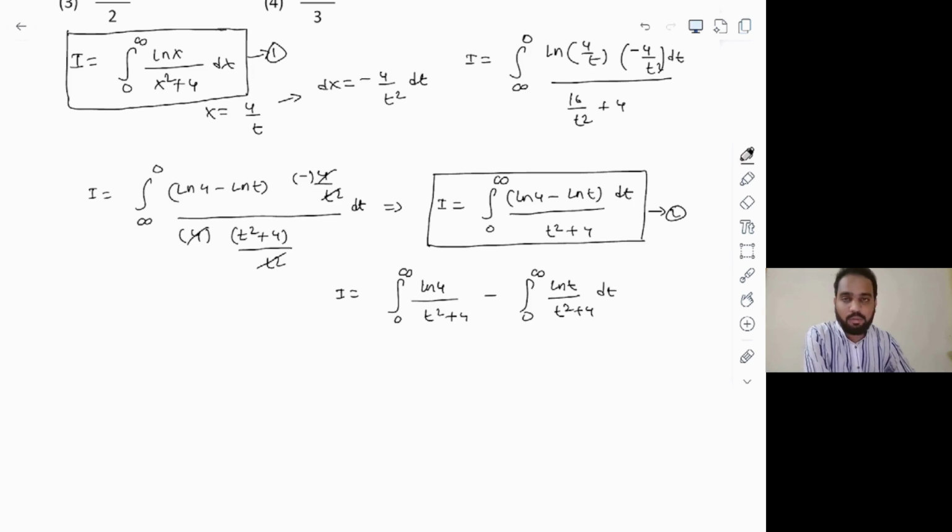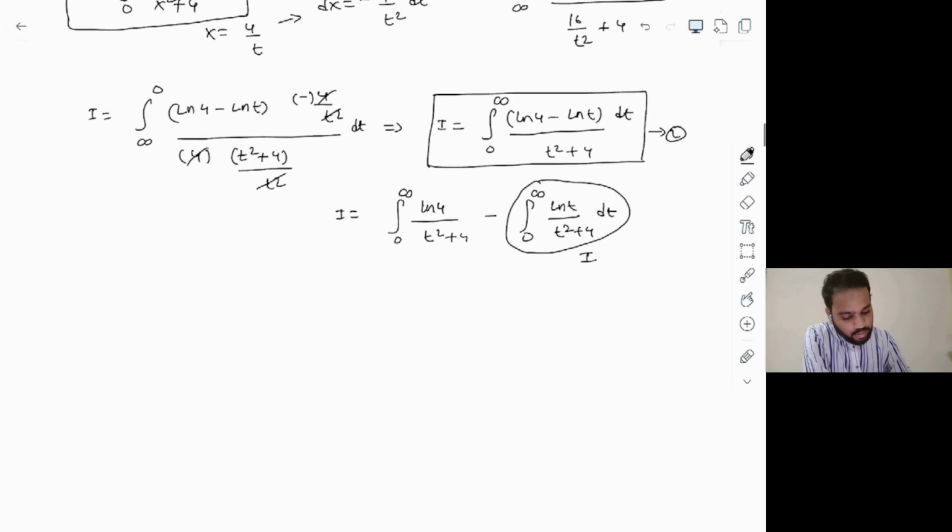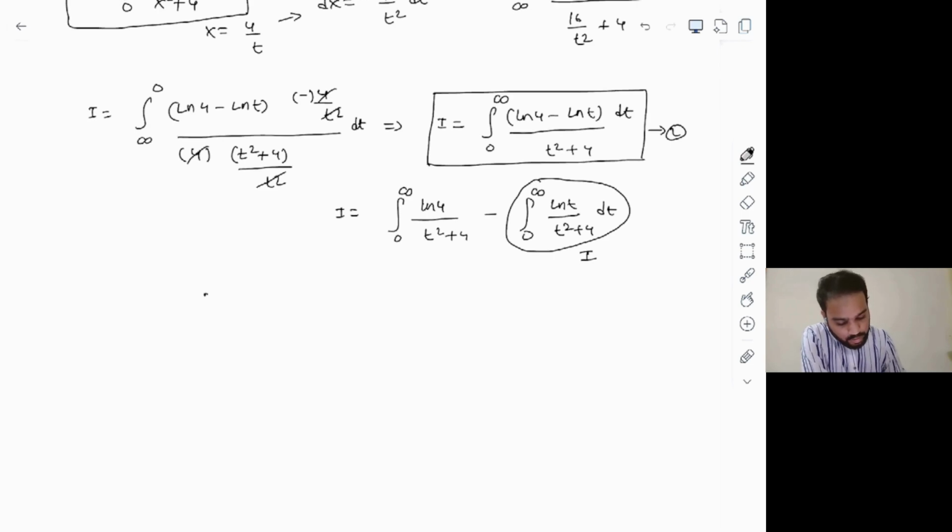But as you can see here from equation number 1, this integral 0 to infinity ln t divided by t square plus 4 is nothing but capital I again. So this is capital I. So if you take that I to the left hand side, that becomes 2I. 2I is equal to ln 4, which is a constant, times integral 0 to infinity 1 divided by t square plus 4.